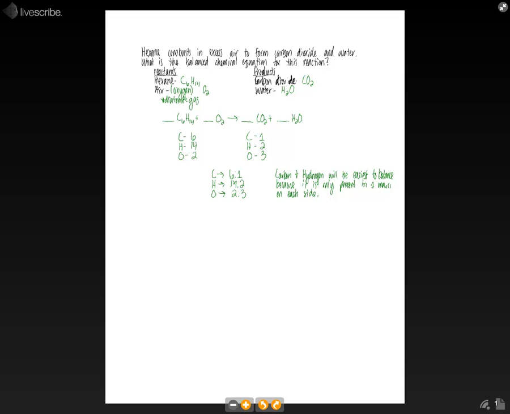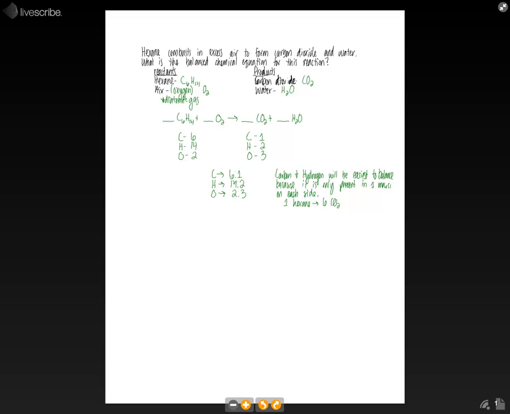Now, based on the carbon ratio, which is 6 to 1 we just said, if we have one hexane molecule, that means we need to have 6 CO2 molecules in order for that to be balanced.